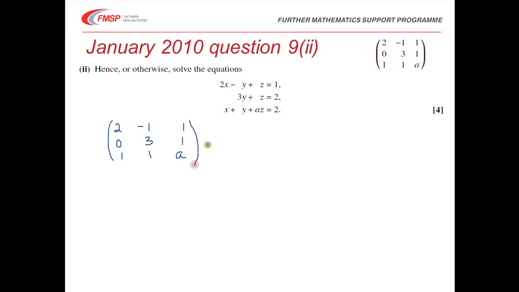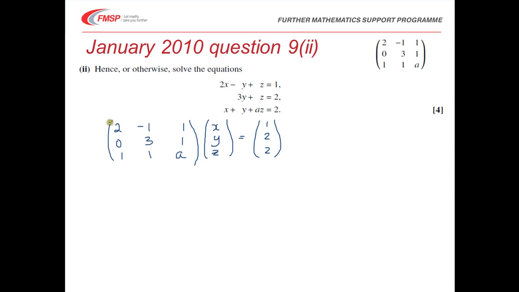That's just taking the coefficients of x, y and z, and that is equal to 1, 2, 2. Now of course you'll notice this was the matrix that we were given in part 1, so that's the same matrix. So all we have to do is to multiply both sides of this expression by the inverse.